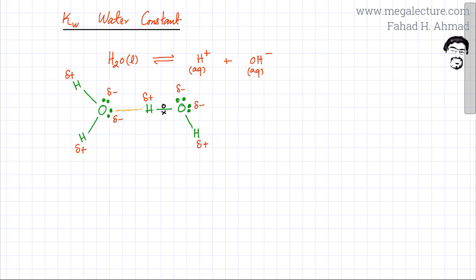So these electrons are going to be repelled further away. The positive hydrogen will be attracted even closer, and eventually this bond over here is going to break apart. The shared electrons are going to be repelled by the negative charge over here, so they get pushed to the other side. The positive hydrogen is attracted by these lone pairs. So this bond over here eventually splits. The electrons go to the other side, and the positive hydrogen gets attracted to this water molecule over here.